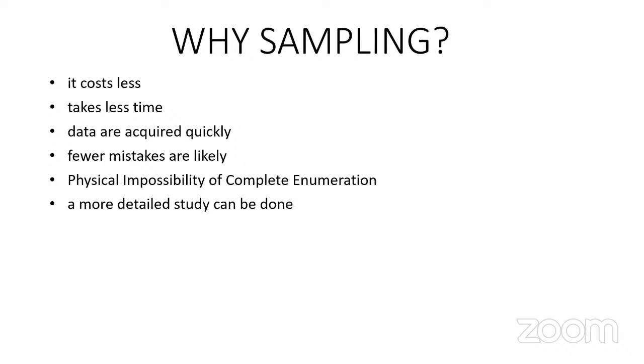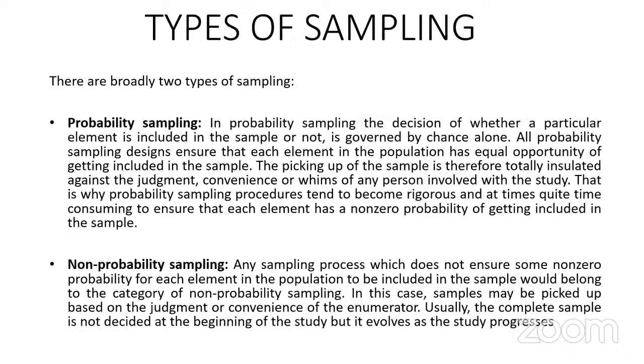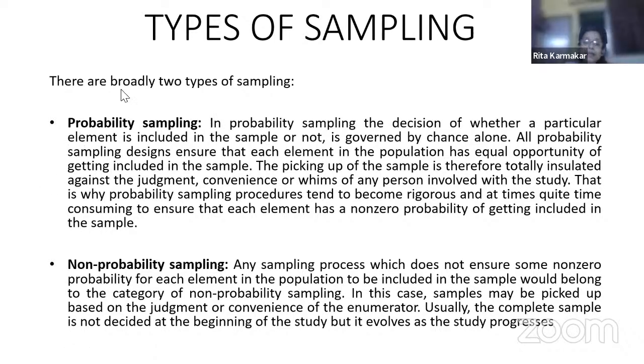Should I go to the next segment? Yes, ma'am. Okay. As I already introduced with the help of an example, there are two sampling categories. One is probability sampling, another is non-probability sampling.